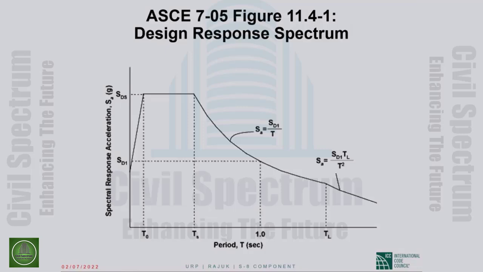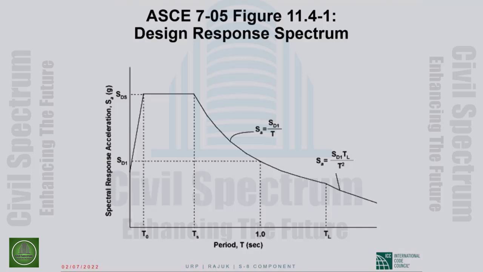So essentially this is a plot of base shear versus period that we use as the basis of seismic design. We pick the base shear from here, and that is the strength level that we are building into our structure.